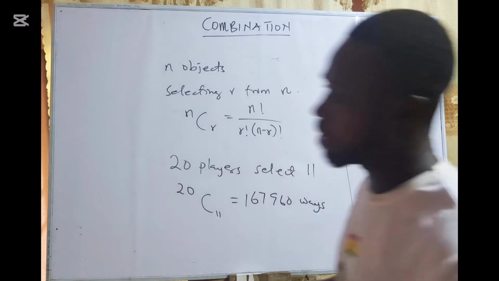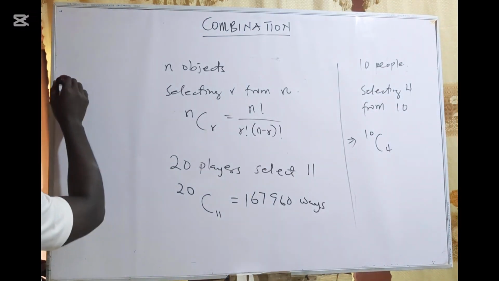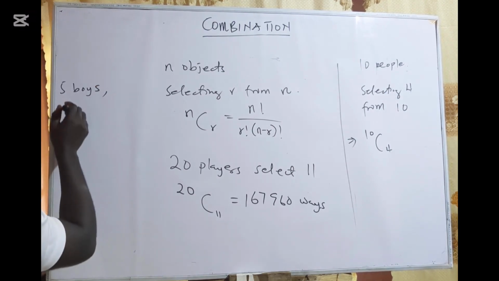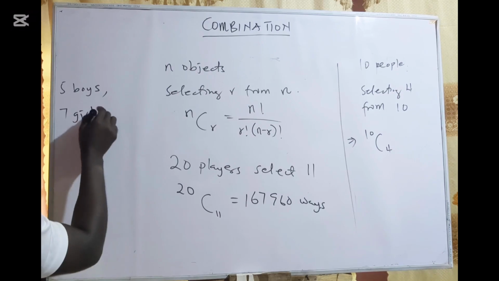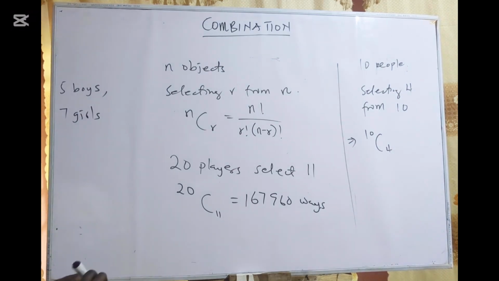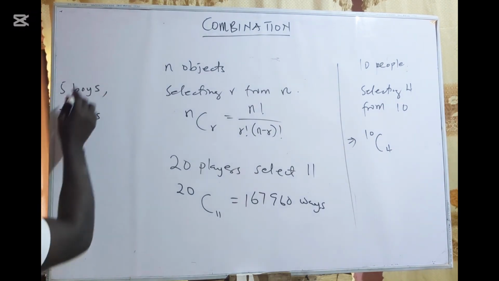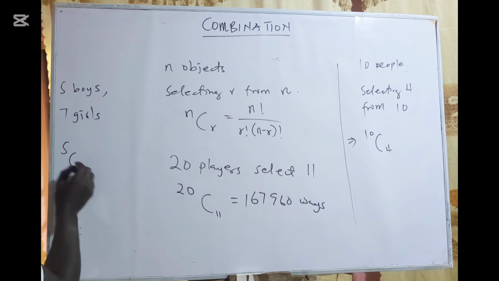Let's say another example. I have 5 boys and 7 girls, and I want to select 4 boys and 2 girls to form a committee. If it is 4 boys, how many boys do I have? 5, so I'll select 4.